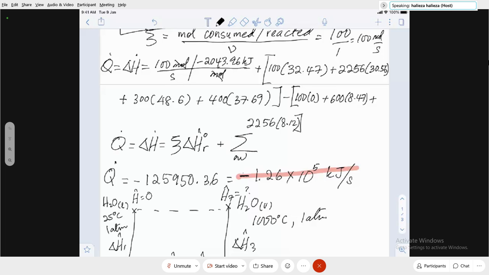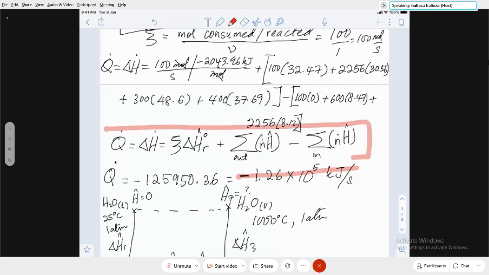So the summation of outlet molar flow rate times the corresponding enthalpy, minus the summation of inlet molar flow rate times the corresponding enthalpy. So this is the equation that you're going to use when you're using the heat of reaction method, because you will have over here the heat of reaction.